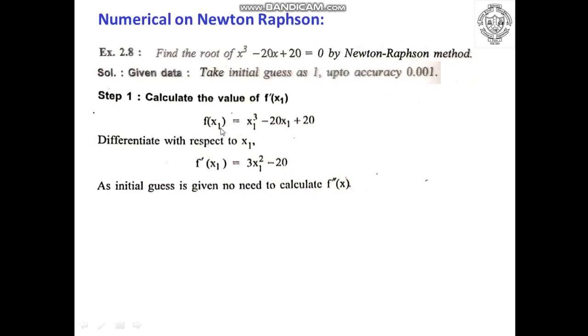You may ask why it is considered as x1, because only x is given here. It is assumed that this computation is performed in iteration 1, so it is considered as x1. Even if you consider simple x, it is okay, no problem.